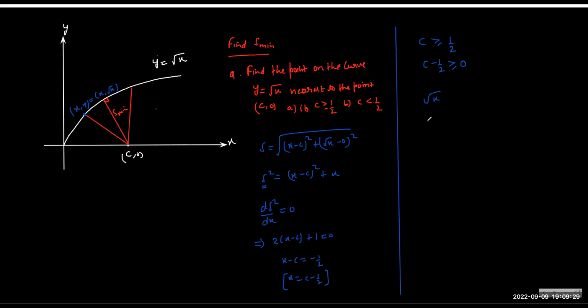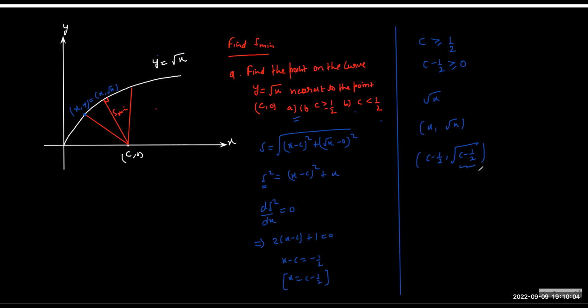So because our coordinate is what? Our coordinate is x comma root x. So our answer is what? x is c minus 1 by 2. So the other answer is root of c minus 1 by 2. And the only option A can give you the right answer. If you take B, is it possible to get any answer? It is imaginary. What does it mean? c should not be less than 1 by 2, isn't it?